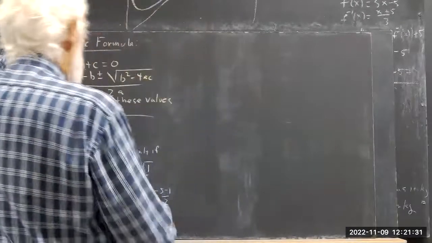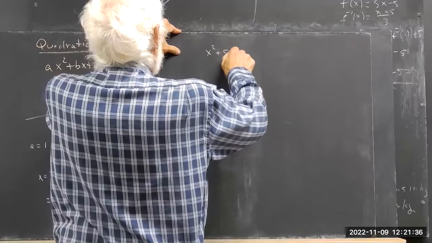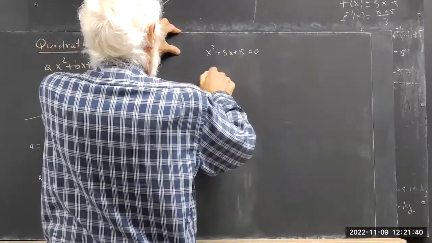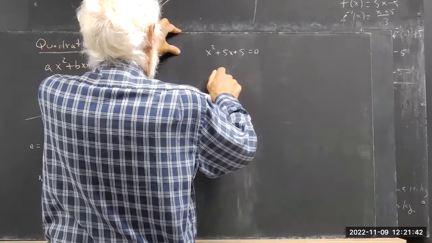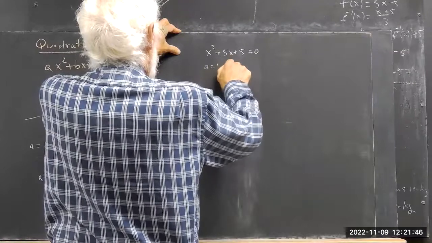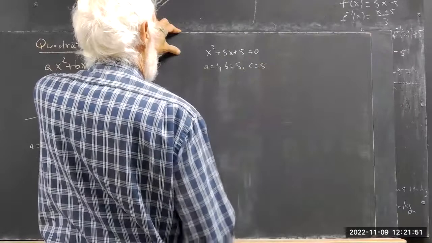Okay, how about x squared plus 5x plus 5? Well, you get A is 1, B is 5, C is 5.